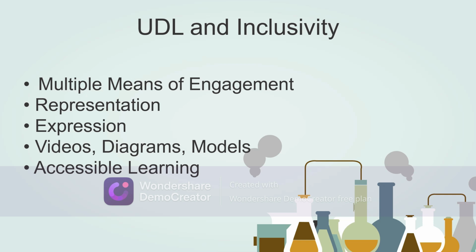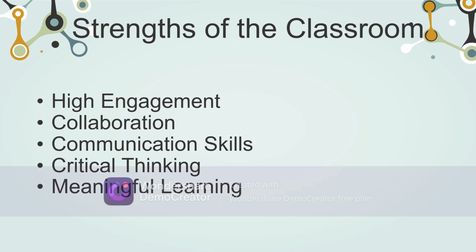By presenting information in different ways, students with different learning styles could engage with the content more effectively. This creates a more inclusive and accessible learning environment where students have the opportunity to participate and succeed.